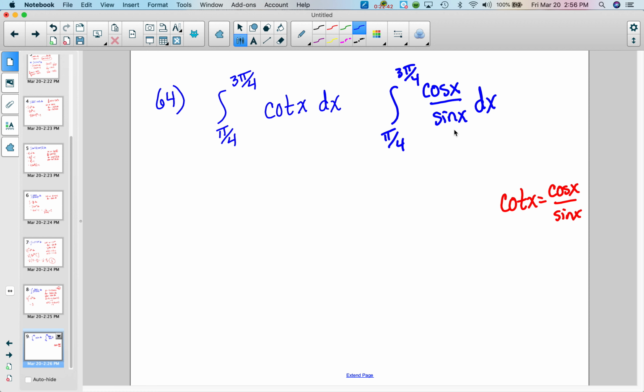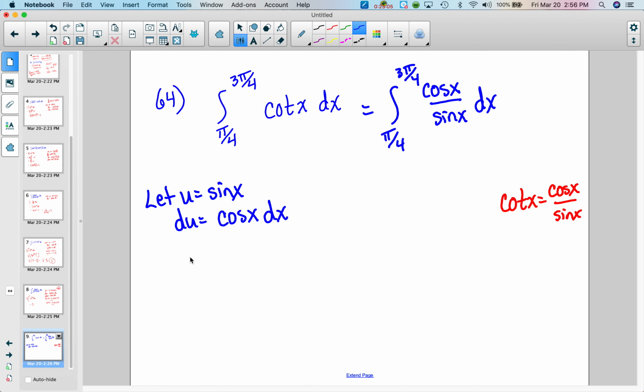So now notice that I've got a pair here. I've got this combination where I know that the derivative of sine x is cosine x. And also remember the du you want in the top. So I'm going to let u equal sine x, because then du equals cosine x dx.